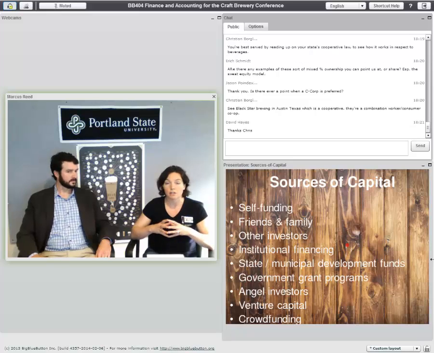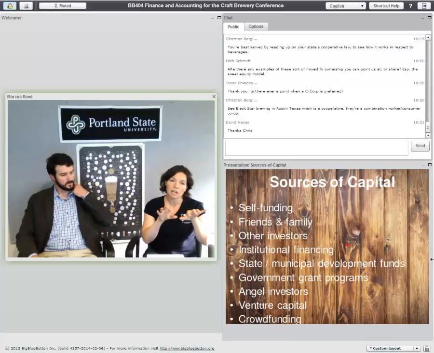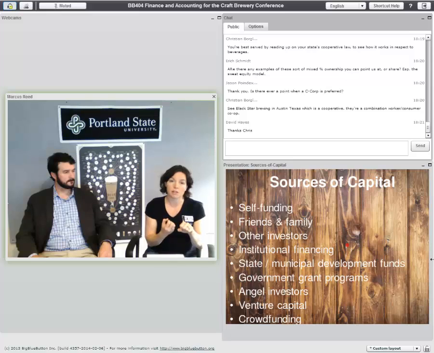For the rest of you, if you're not familiar with double taxation, the concept is that the business itself gets taxed, and then when a person who owns stock in that company receives their portion of earnings, it gets taxed again at the individual level. So you get taxed once as the business, and then everything comes down to the owners, and it gets taxed a second time there. So that's a big disadvantage.